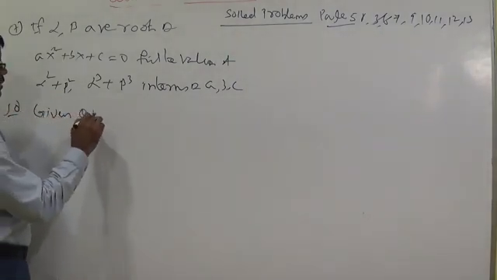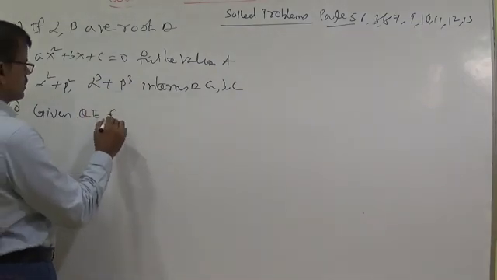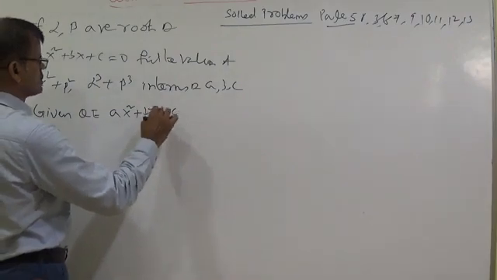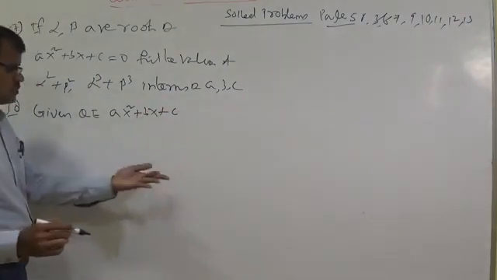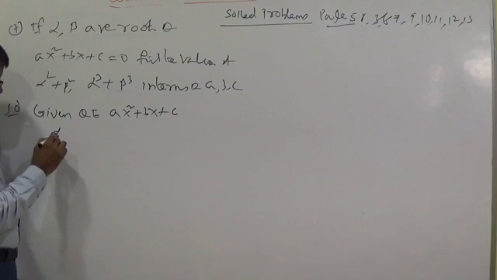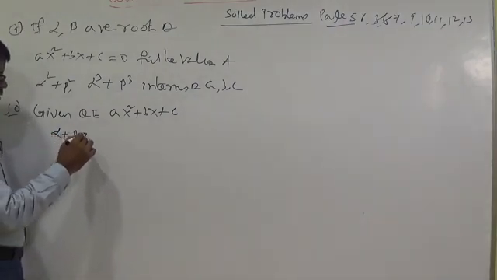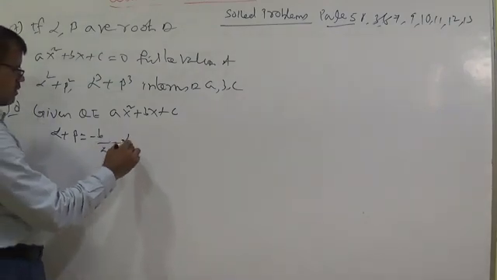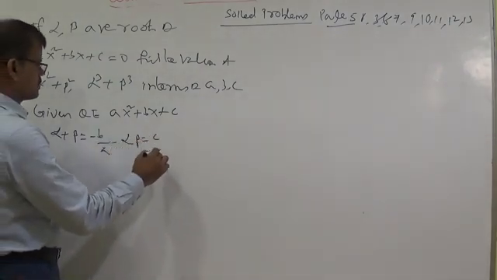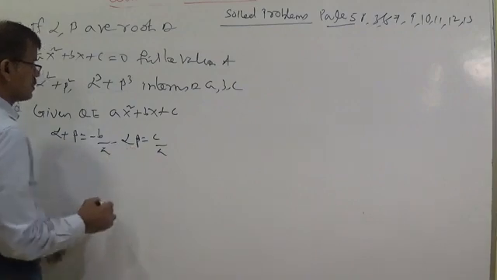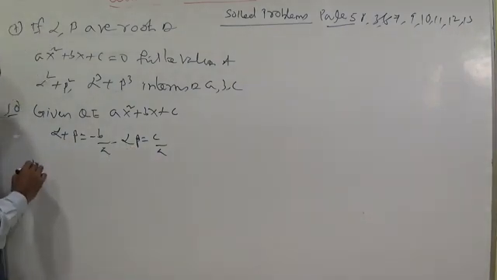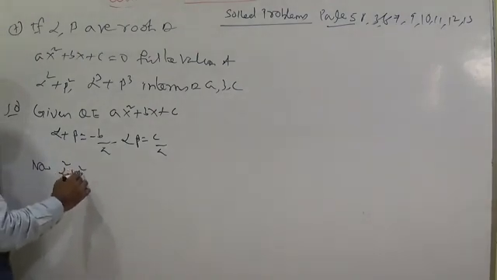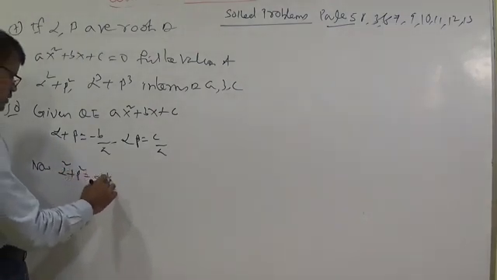Now, given the quadratic expression ax square plus bx plus c, using the notation, alpha plus beta you can write as minus b by a, and alpha beta is equal to c by a. Now we should calculate the value of alpha square plus beta square.